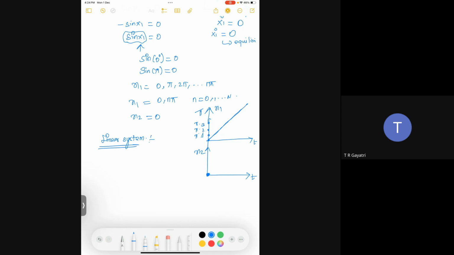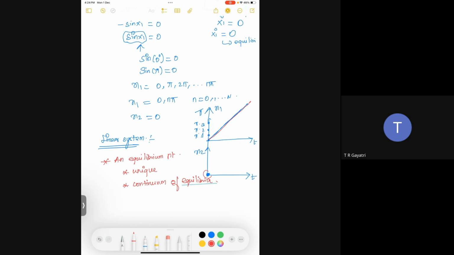Please keep this in mind properly. For a linear system, an equilibrium point will be either unique or a continuum of equilibria. It's like a plane in a 3D space, so there will not be any discontinuity.